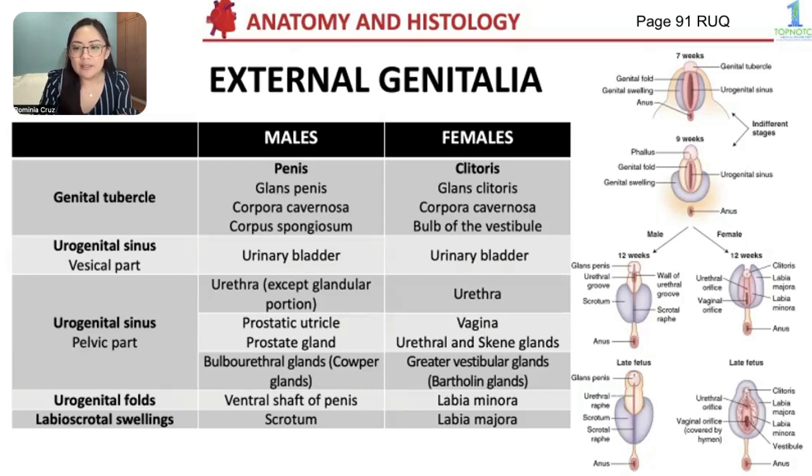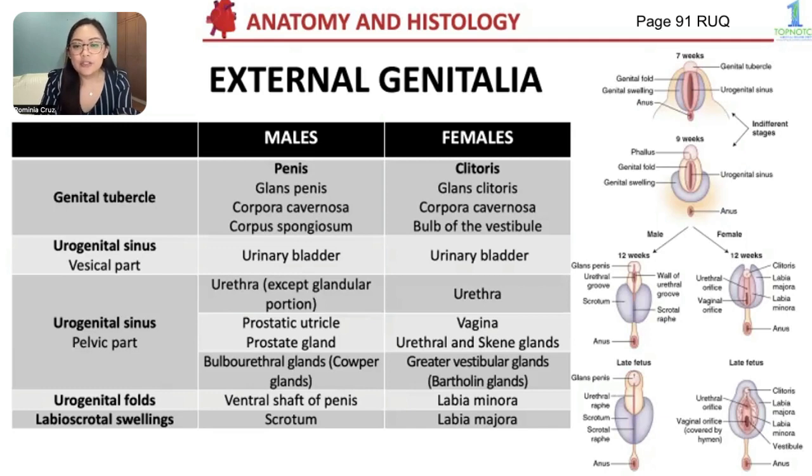In the females, your external genitalia, on the other hand, would produce the clitoris if the growth of the phallus would cease. Your urogenital folds, if unfused, would be your labia minora, and the fused part of your urogenital folds would form the frenulum.